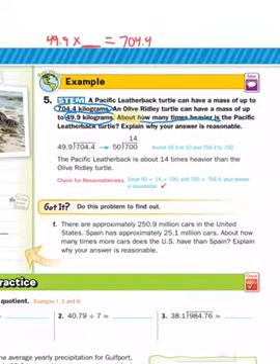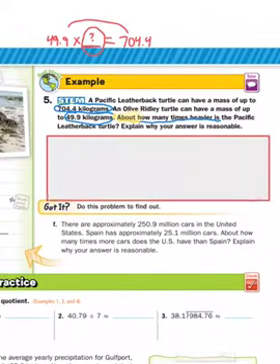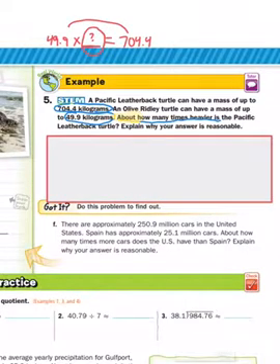So that's why it says about how many times heavier. We don't know that number. But that is actually a division problem. So you would, in reality, I'm going to draw a box here for some workspace. You would, in reality, solve that problem by doing 704.4 divided by 49.9. Now remember, it said about.